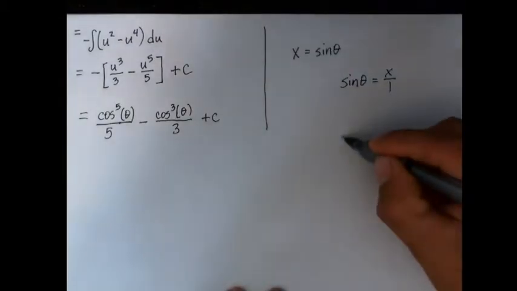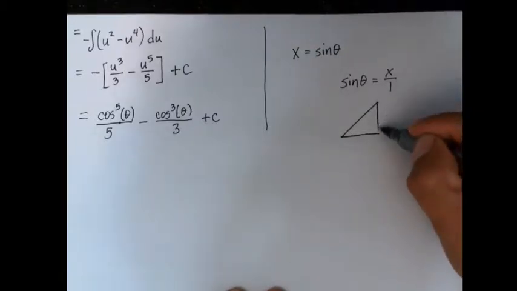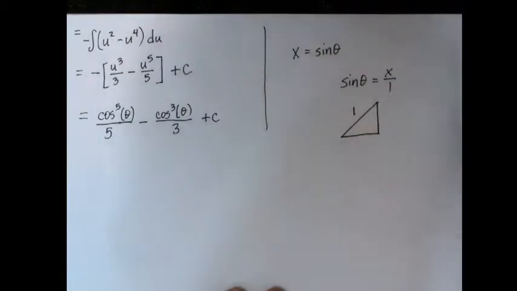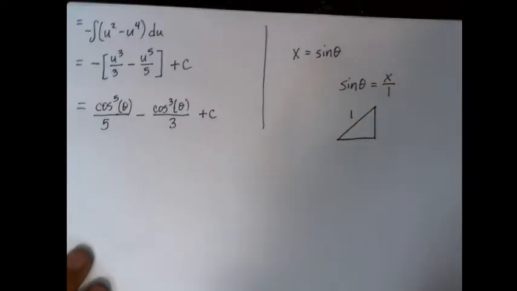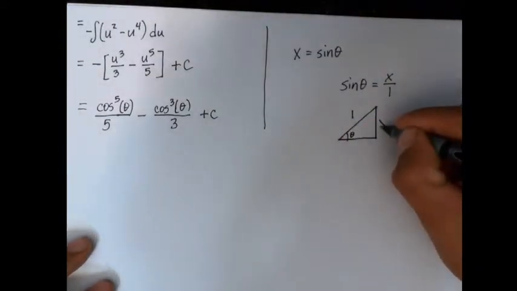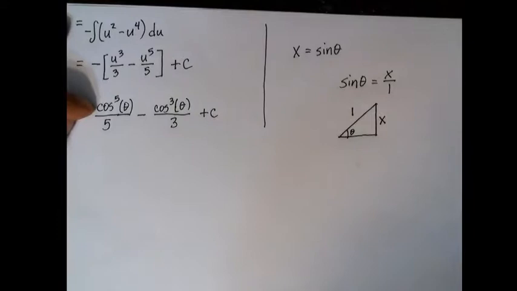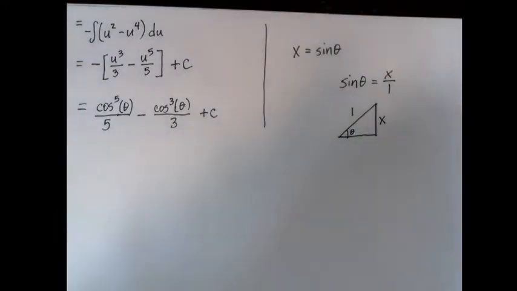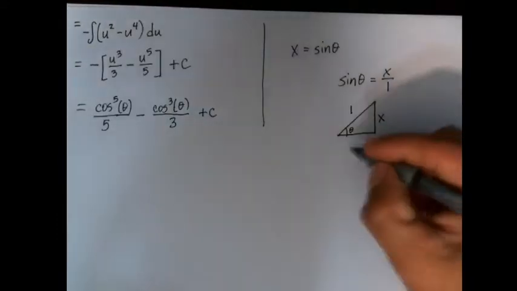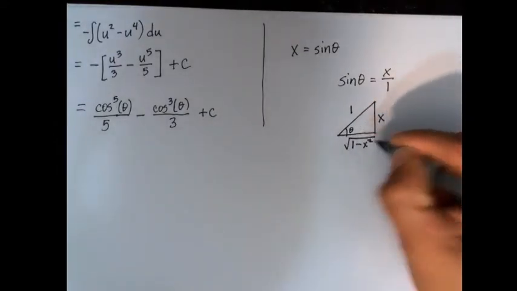So if I draw a right triangle, and this is 1, okay, here's our triangle. What we need is to know what cosine theta is. And using the Pythagorean theorem, we can conclude that this is the square root of 1 minus x squared.